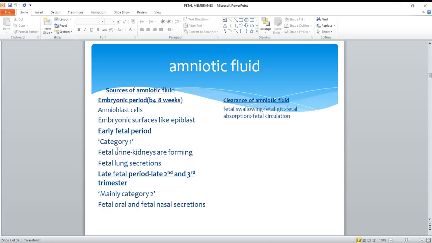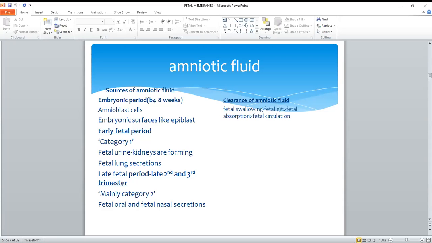These are the main ones, but these other two will also take part as a source of the amniotic fluid. When you develop the urinary system, you'll get to know the different sets of kidneys that will be forming.